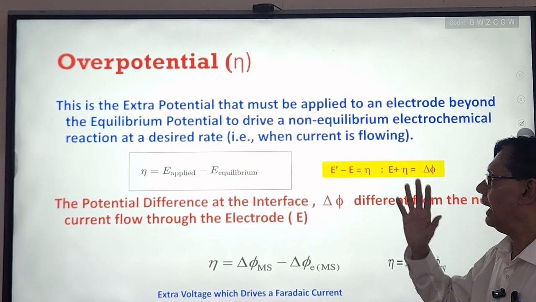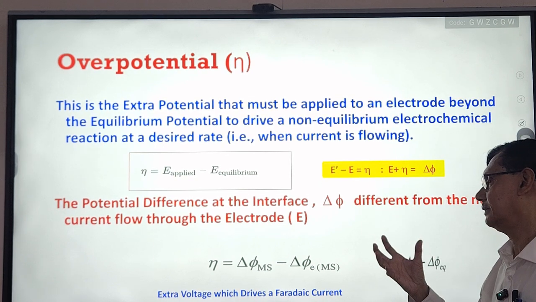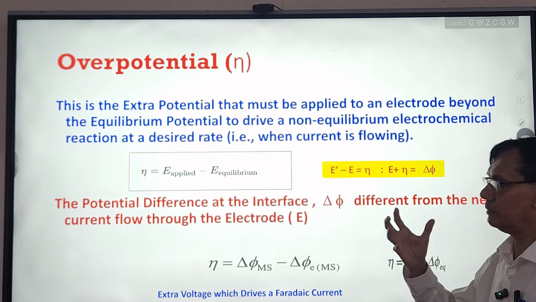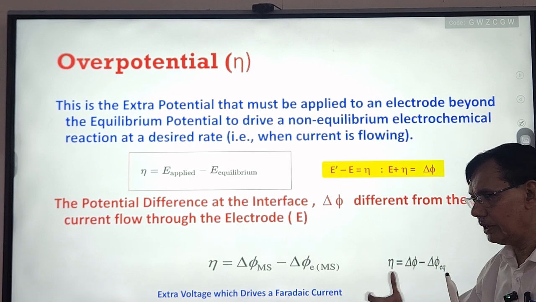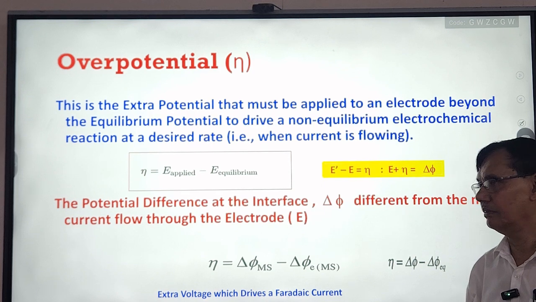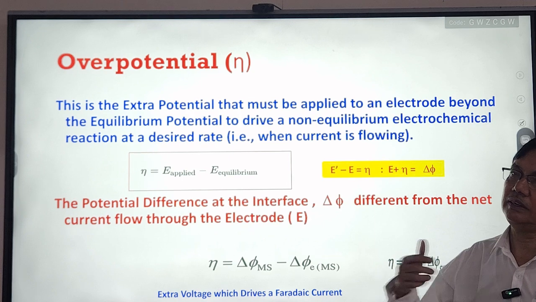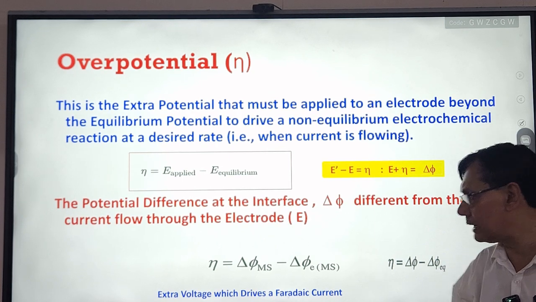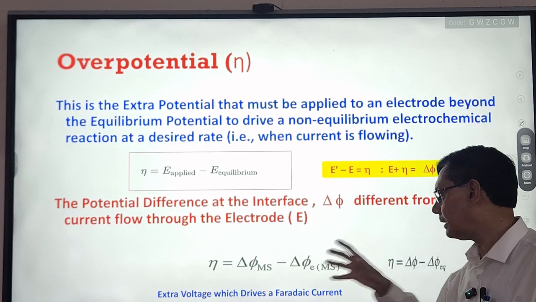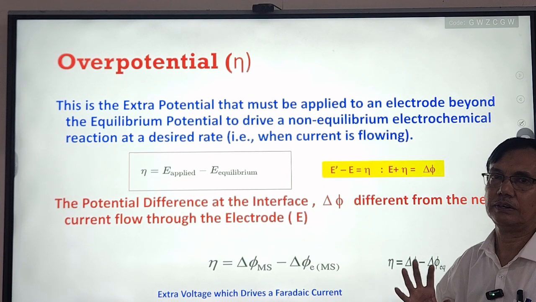And this is the overpotential, extra voltage. Because normally there is a thermodynamic equilibrium, but we have to apply some extra voltage for any electrode kinetics, electrochemical reactions, so that it drives the Faradaic current, meaning electron transfer.